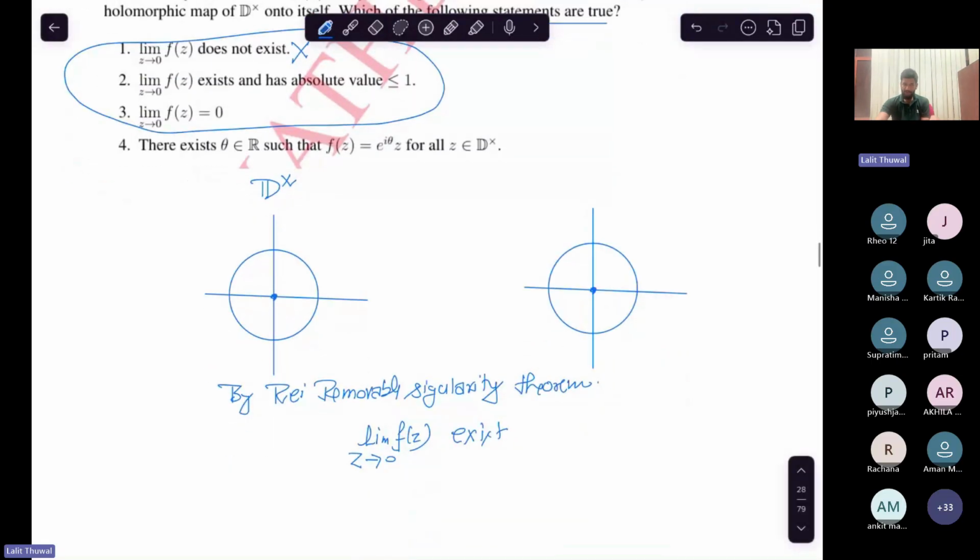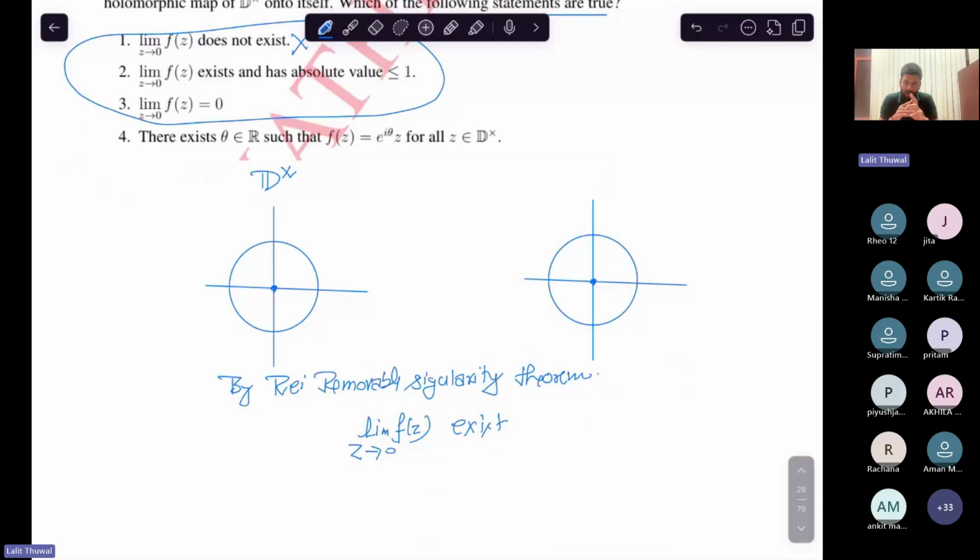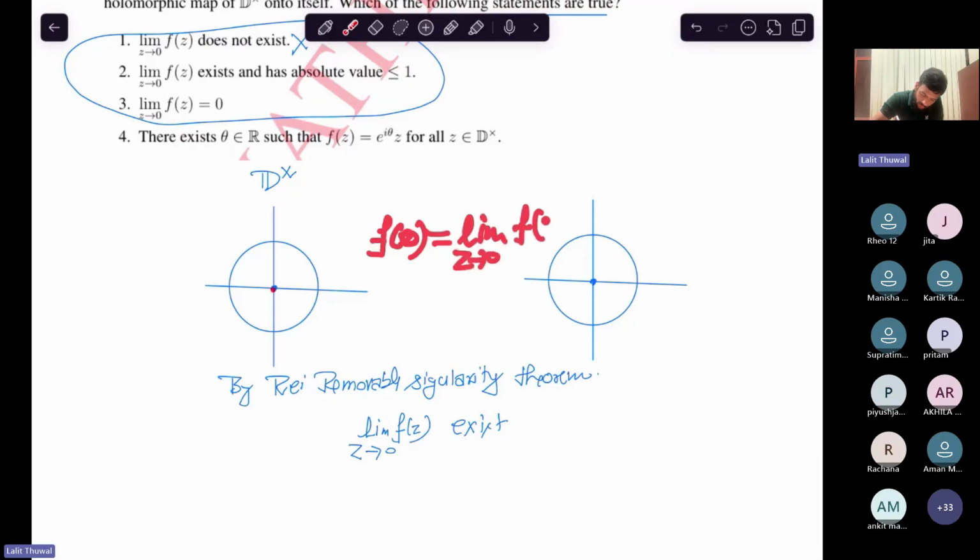Now your function can be extended from the open unit disk to the open unit disk. What can be the possible value of this limit? If you find this limit and define f(0), then by Riemann's removability theorem f extends analytically to D. If the image of 0 were outside the disk, the image of a connected set would not be connected under a continuous map, which is not possible.